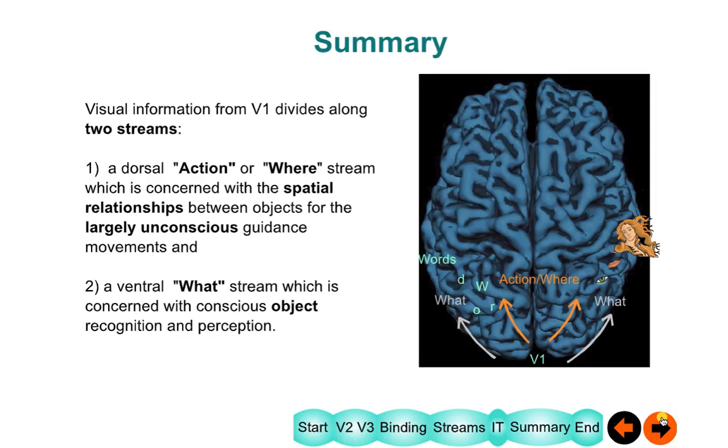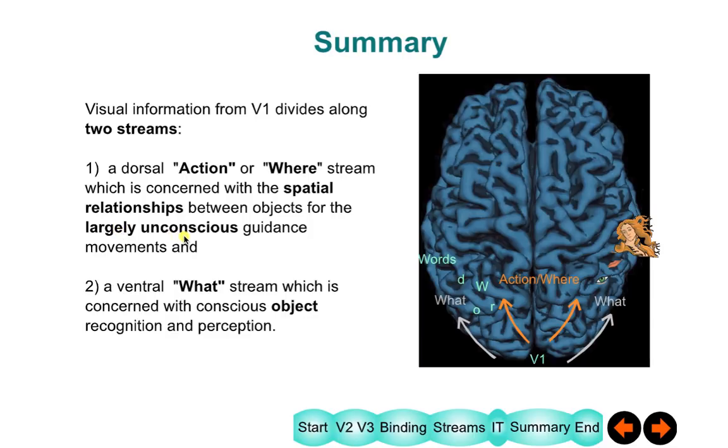Okay, so in summary then, V1 divides into two streams, an action stream, or where stream, that is concerned with the spatial relationship between objects. And what is possibly not appreciated at once is that it's largely unconscious.